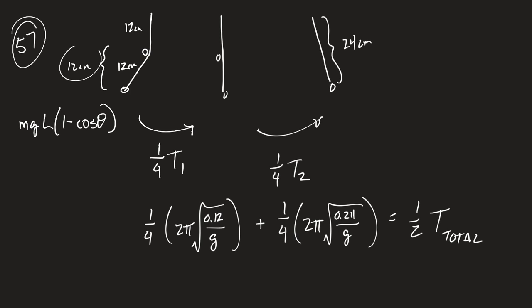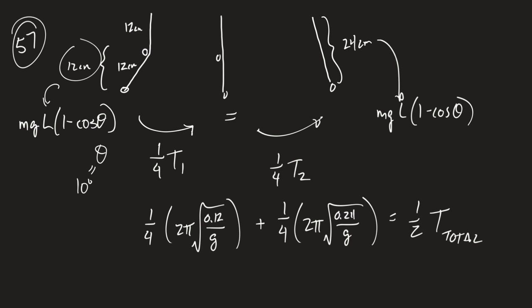And here L is 12 centimeters, and theta is 10 degrees. That's how much energy it has at the start. It didn't lose any energy, so at the end, mg L(1 minus cosine theta) must be the same height. These must be equal. But here, L is 24.